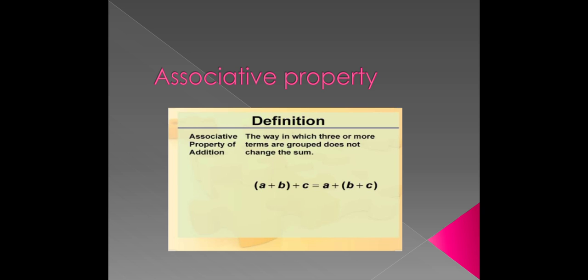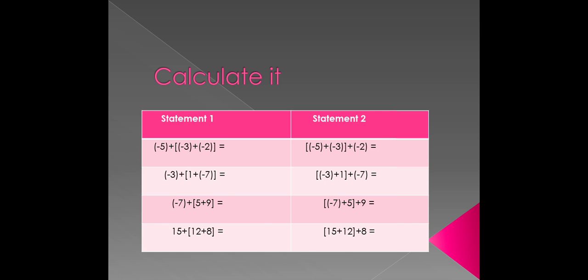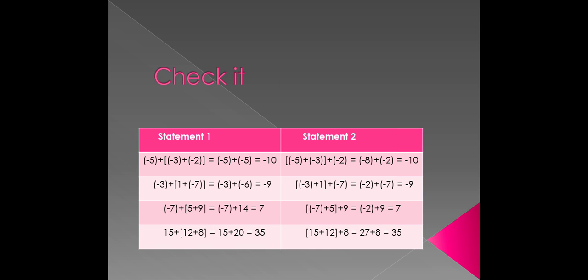So after changing the position, if we get the same result, then we say that it follows the associative property. So we did the same thing there. We have changed the position of the bracket and we get the same result in all the cases.